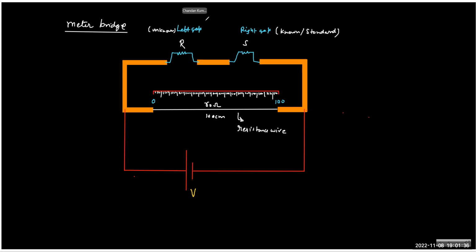And then we need to have a slider, a jockey. So this slider will oscillate or slide over this wire till we get the null deflection. And then C is called null point.